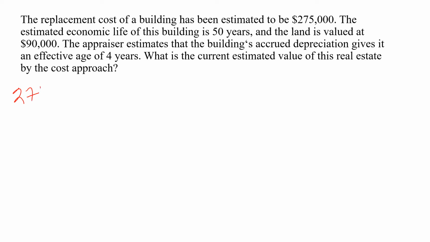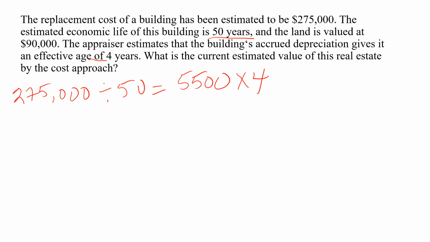275 is our property. It has a life of 50 years. So per year, we're going to multiply that by 4 for 4 years, and it's going to give us 22,000.